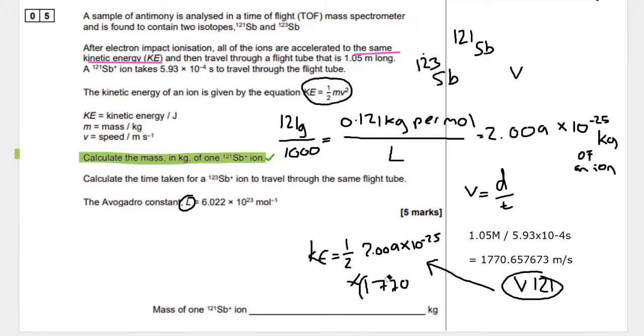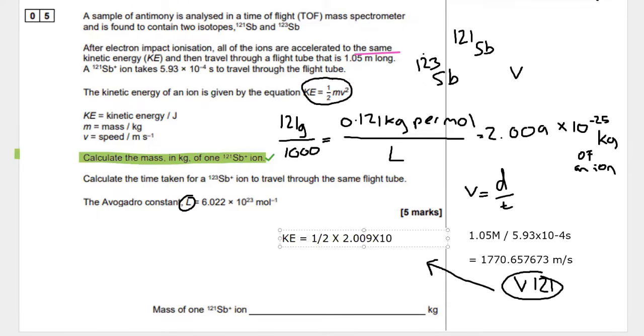Half times 2.009 times 10 to the minus 25, and we're going to multiply that by the velocity squared. So 1770.657673 in brackets, and we put the little arrow up, meaning squared.